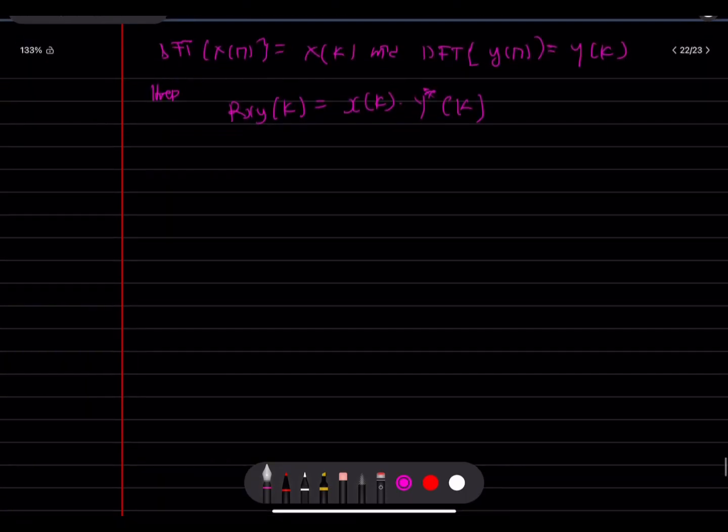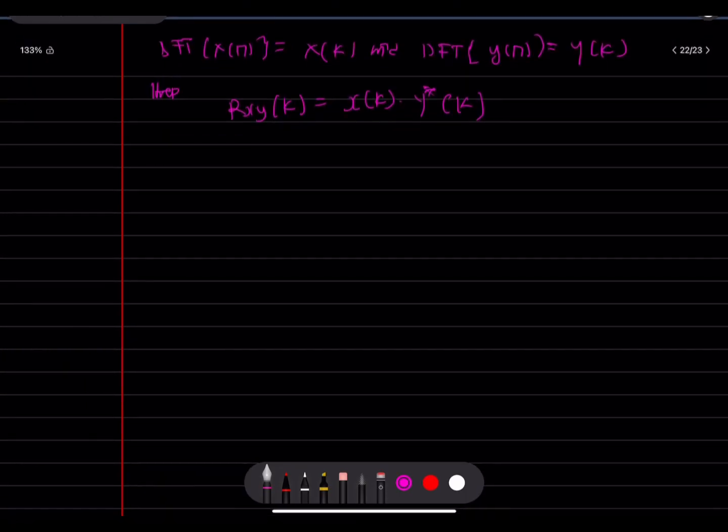So for autocorrelation, which is the energy aspect, I think we will use it. You can also write it as Rxx of k equal to X of k times X asterisk of k, which is the complex conjugate, and can also give it to us as the magnitude of X of k all squared.